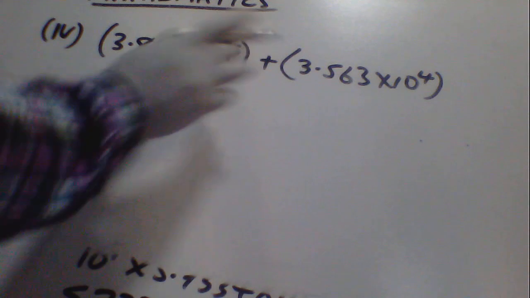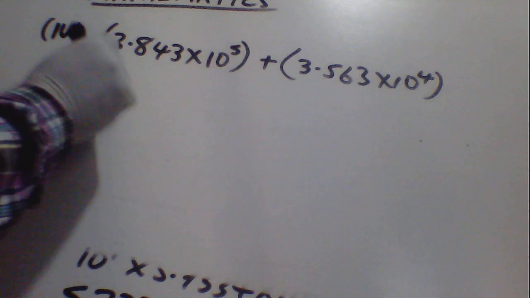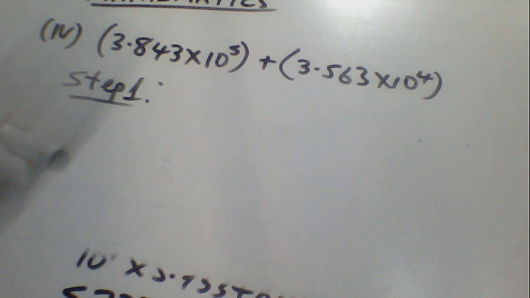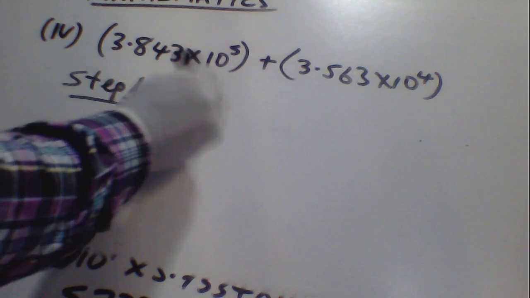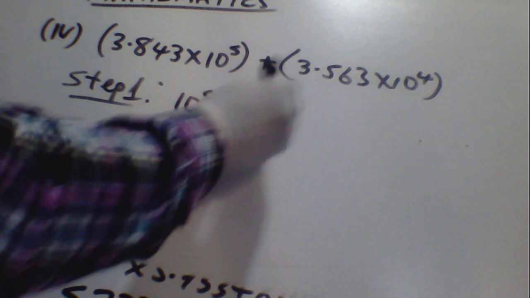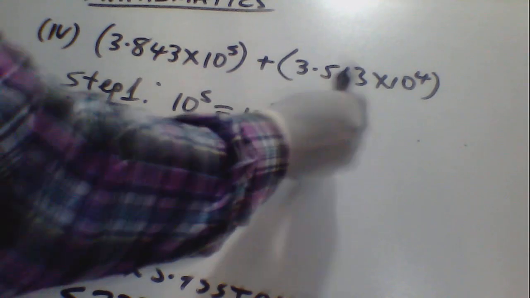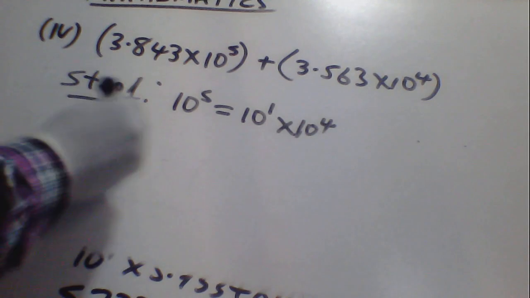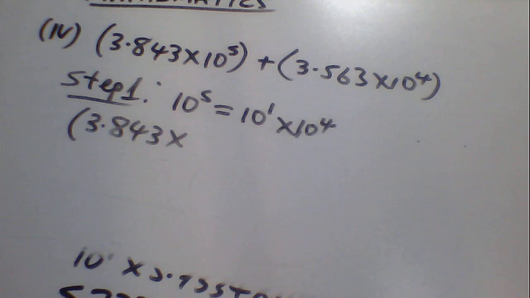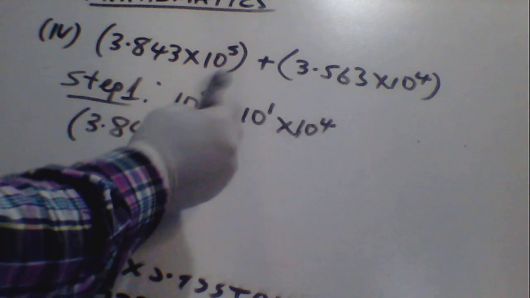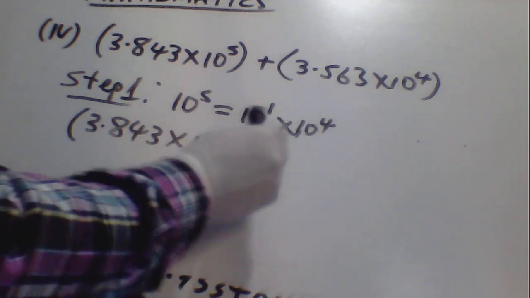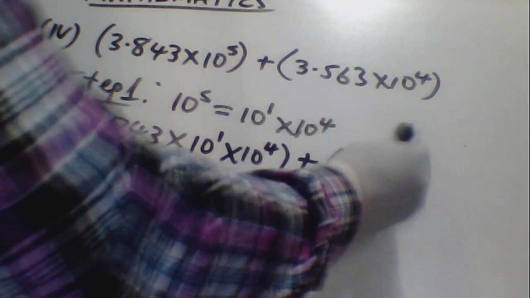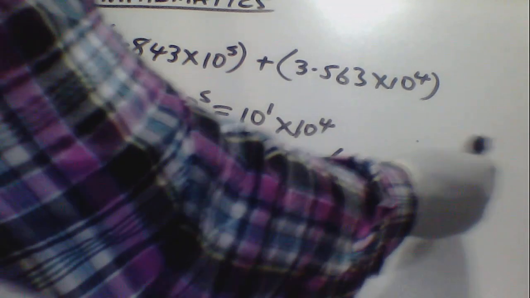So in this case, the first step is to reduce this to this form. 10 raised to the power 5 is the same as 10 raised to the power 1 times 10 raised to the power 4. So we replace it here. We have 3.843 multiplying 10 raised to the power 1 times 10 raised to the power 4, plus 3.563 times 10 raised to the power 4.